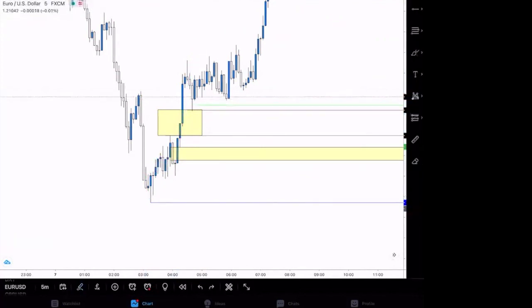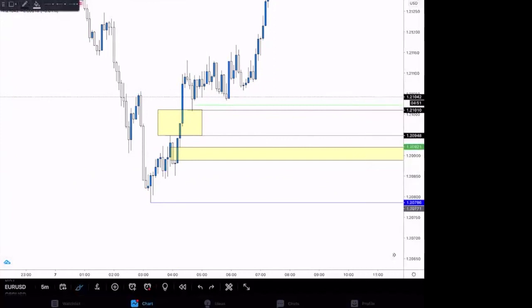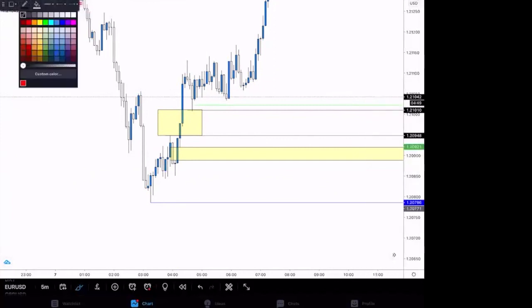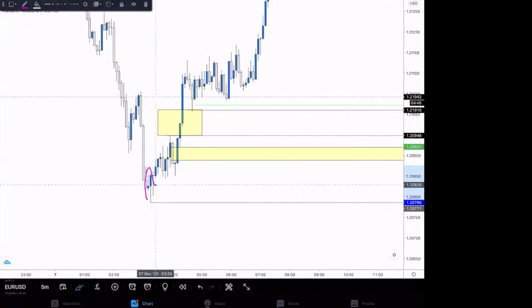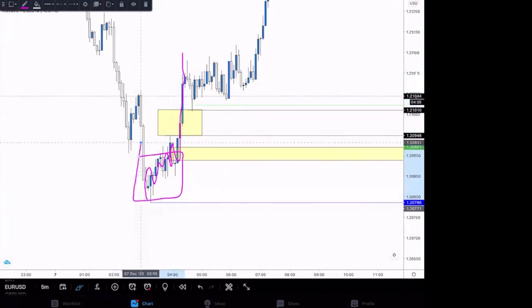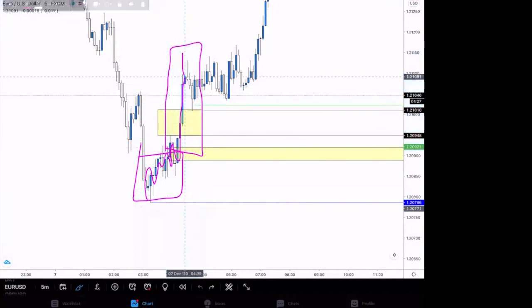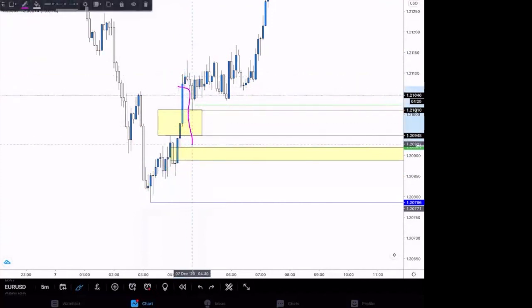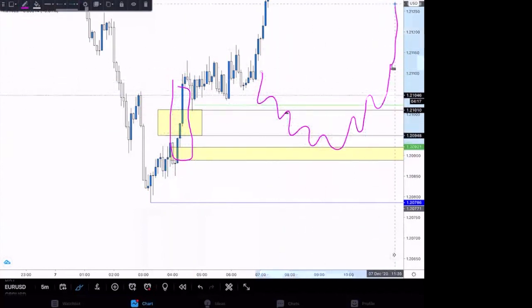It went all the way back. Then you got this huge expansion up. So this would be considered healthy, right? Because it's trading all the way into each other, but this is considered unhealthy because it left imbalances in the market, right? It left imbalances, which is this area. So that means price has to come back down to fill in this imbalance to go higher.